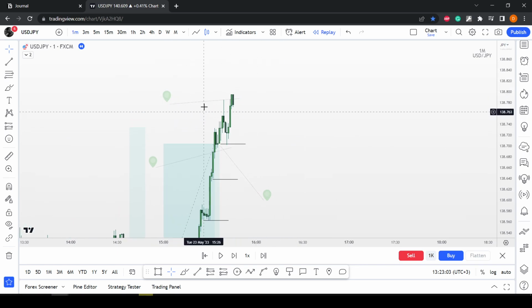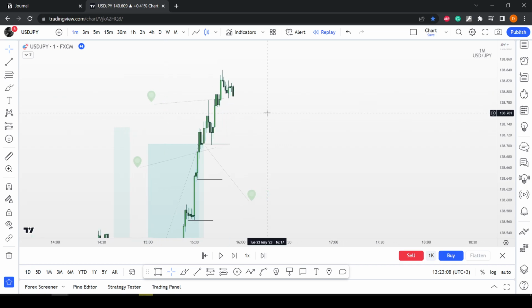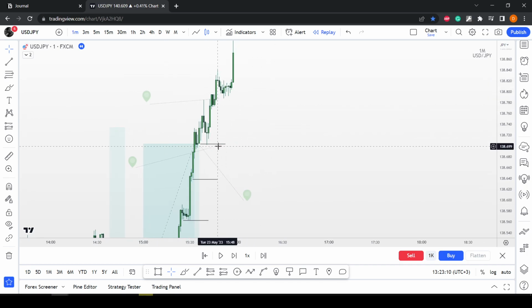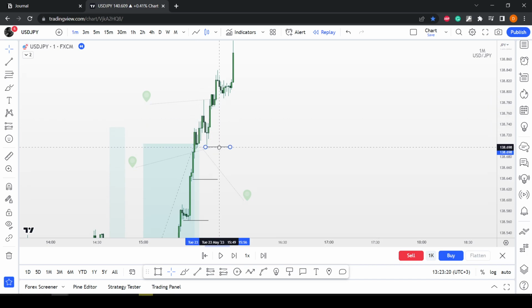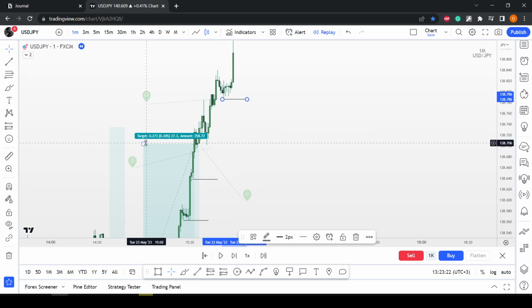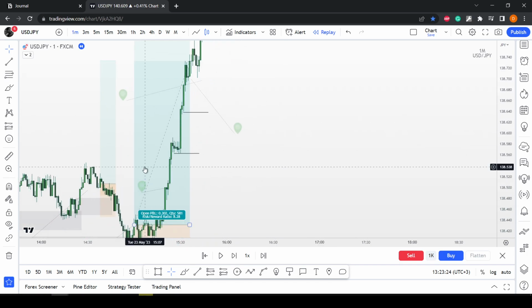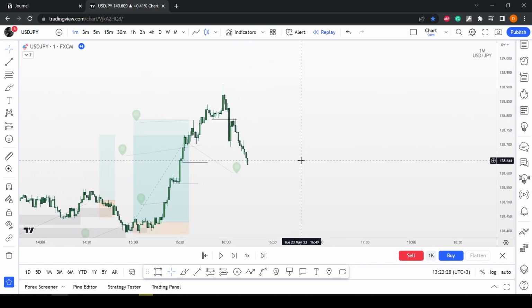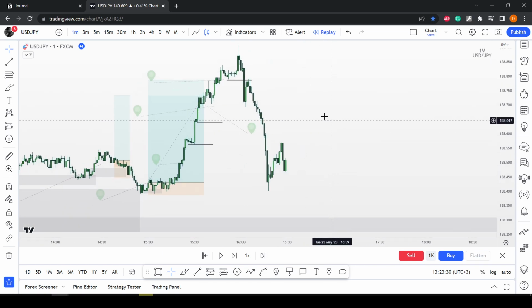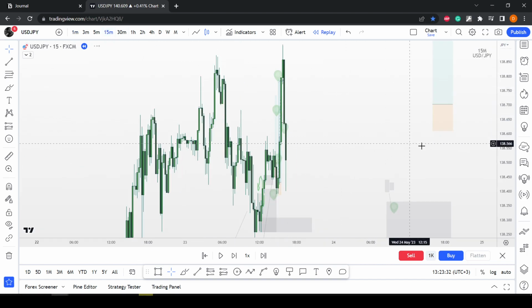And what I said here is that it could be easily managed to here, I guess. Yeah, I remember I closed manually here. But if you manage with confident breaks, then you have this and you have this. So it could be easily an 8R trade, easily with just confident breaks. And then it went to the downside.